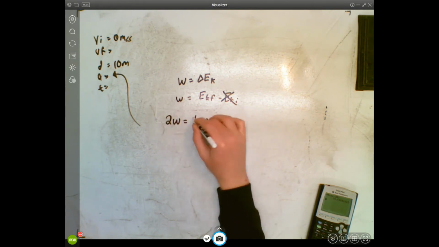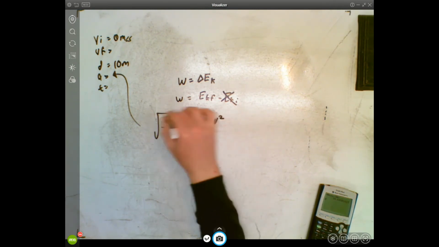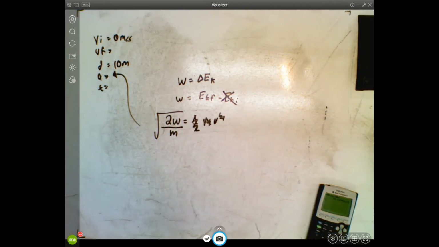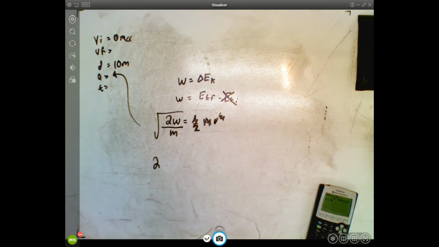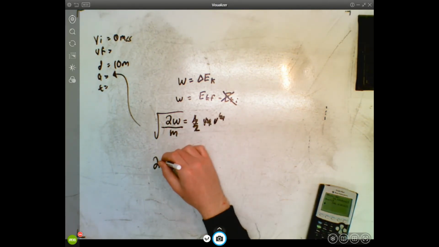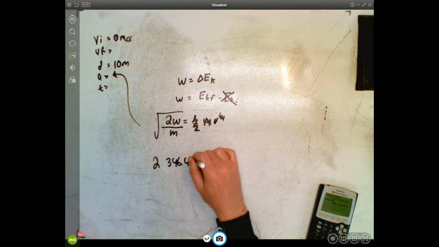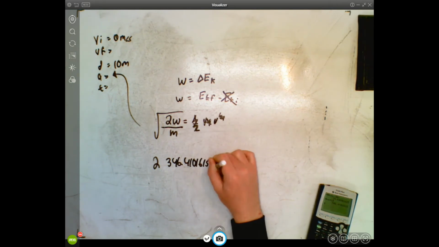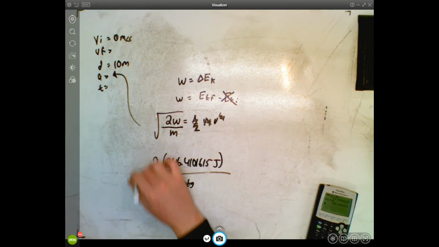So we move our 2 up top, we move our mass down below, and then we square root it, and we can solve for V. So 2 times the work that we just found, which is 346.4101615 joules, and then the mass of our wagon is 20 kilograms, and we square root it.